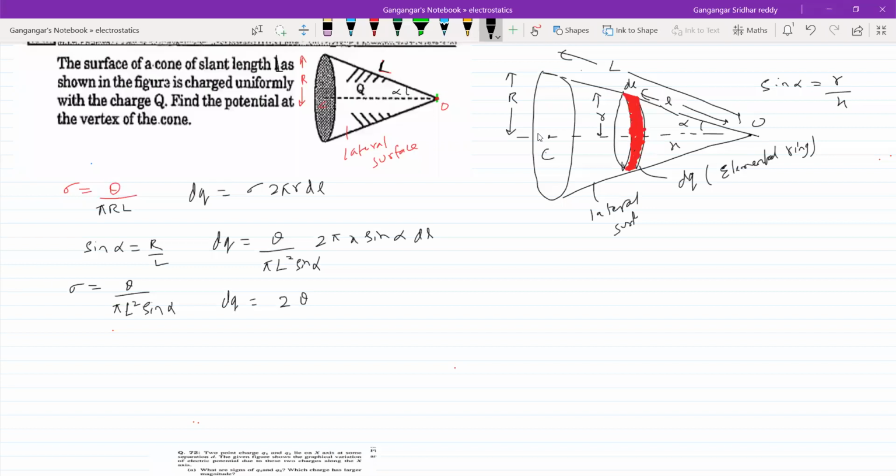Sine alpha is r by l, no? L sine alpha. Look at all the symbols here. So 2Q L by L square dl. I think this is very important. Once you reach here, the rest is everything substitution and calculation.